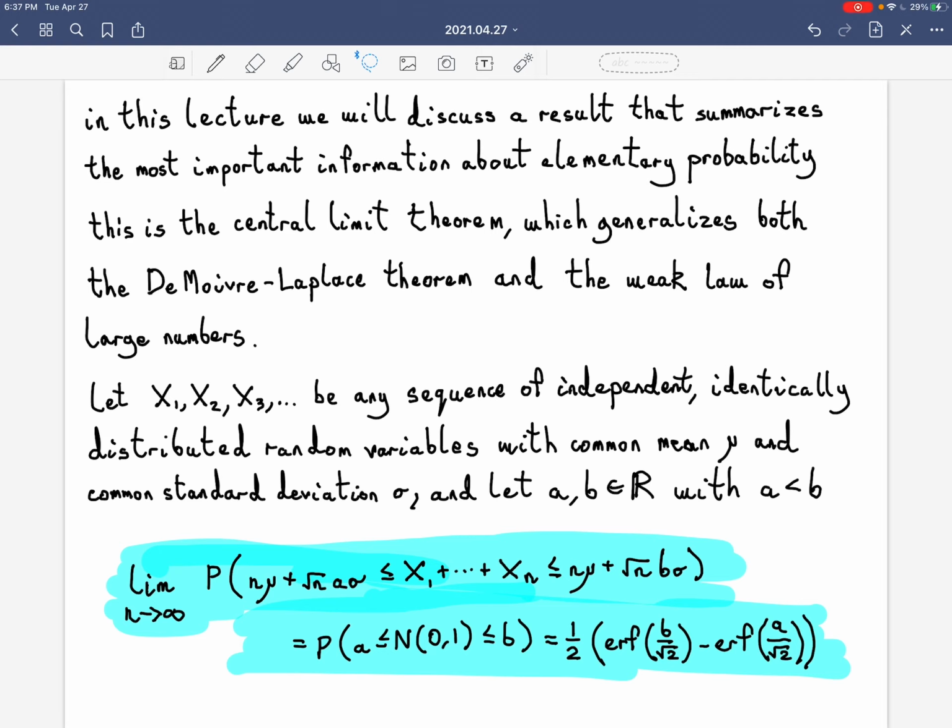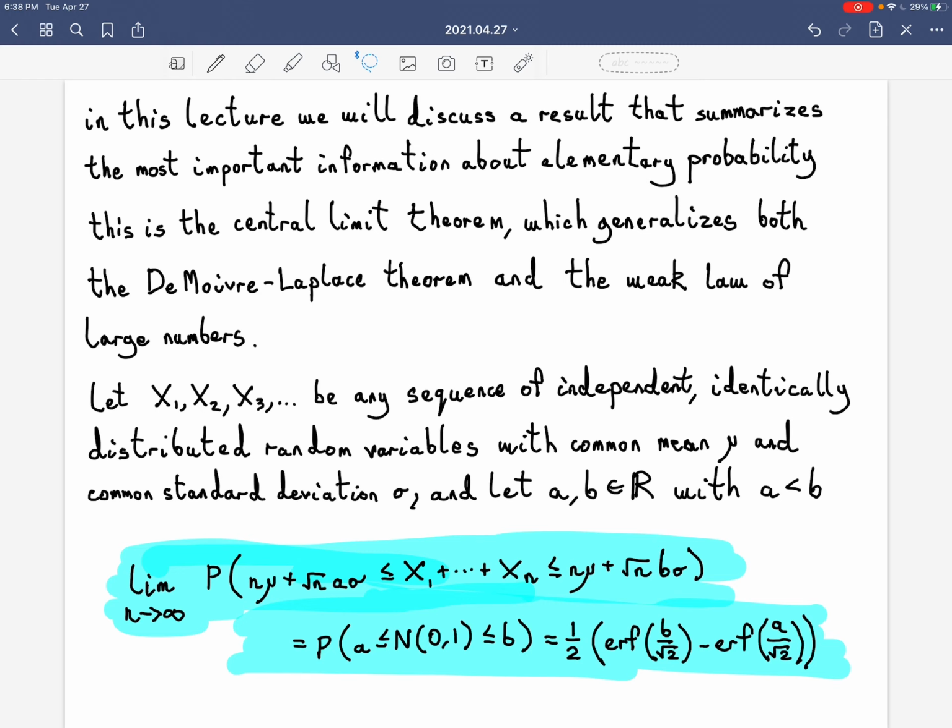So the statement of the central limit theorem you can see highlighted in teal at the bottom of the page is designed to resemble the statement of the de Moivre-Laplace theorem, and we'll see a more detailed presentation of that reduction in a subsequent page.